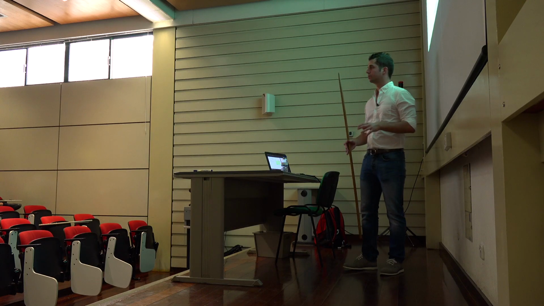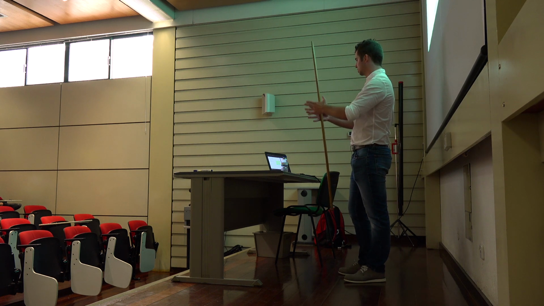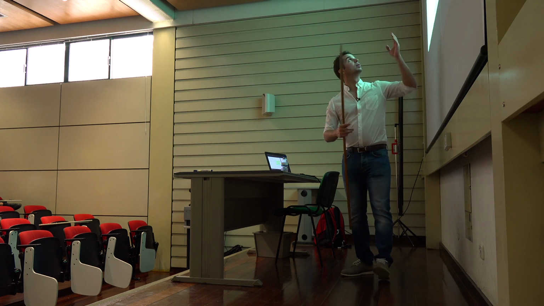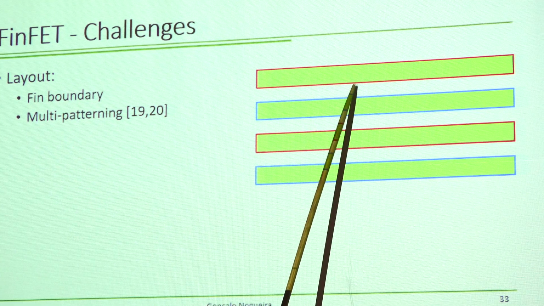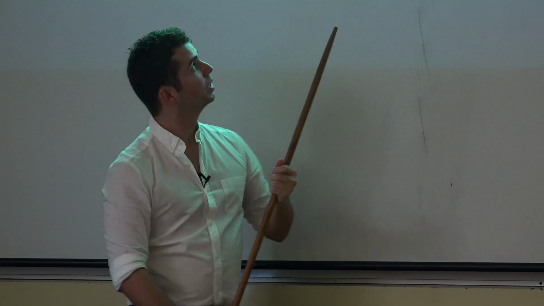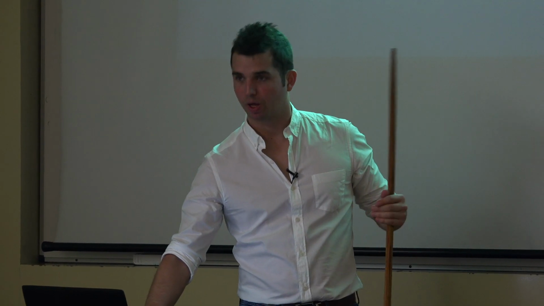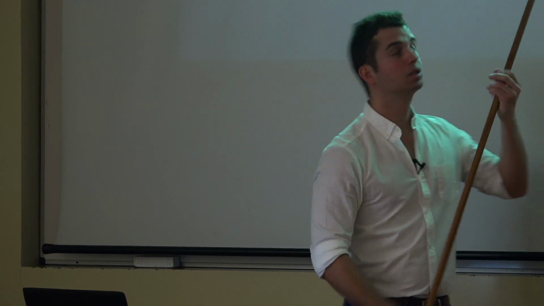So instead, what the foundry does to make the metal lines closer is to have 2 masks, one red and one blue, and this way you can place the metal lines closer to each other.